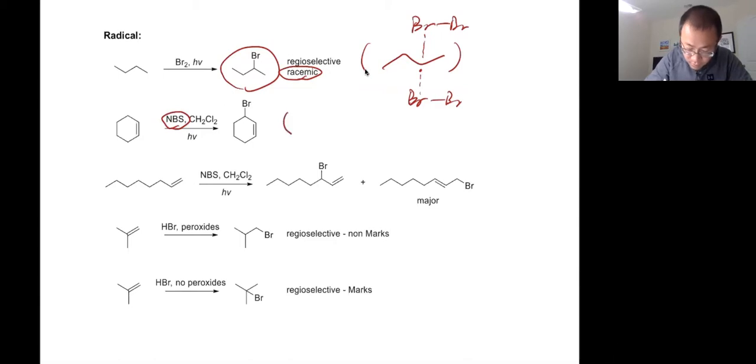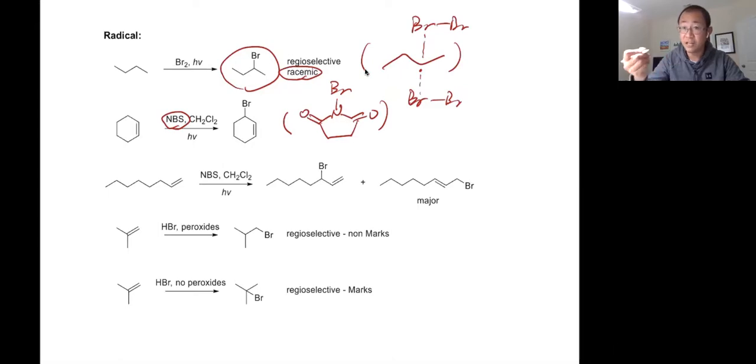NBS looks like this. That's NBS, N-bromosuccinimide. And still under UV light, you will have allylic bromination.